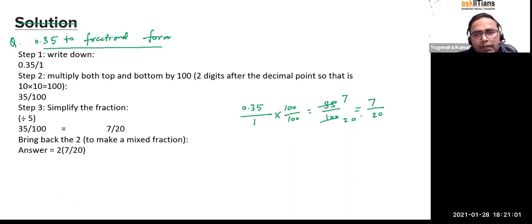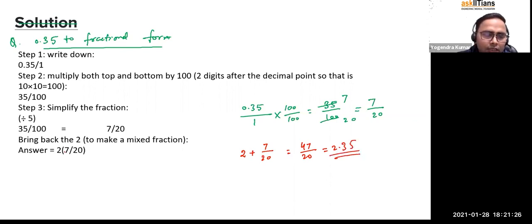So if I add, you can understand here, if I add 2 plus 7 by 20, what will we get, guys? What will it be? Okay, I get 47 divided by 20, which is nothing but 2 point, how much? 2.35, right?